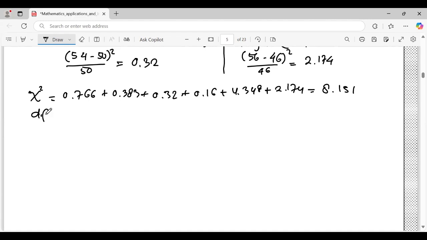And degrees of freedom is R minus 1 times C minus 1. R is the three types of cracks, and C are the populations of production technique.